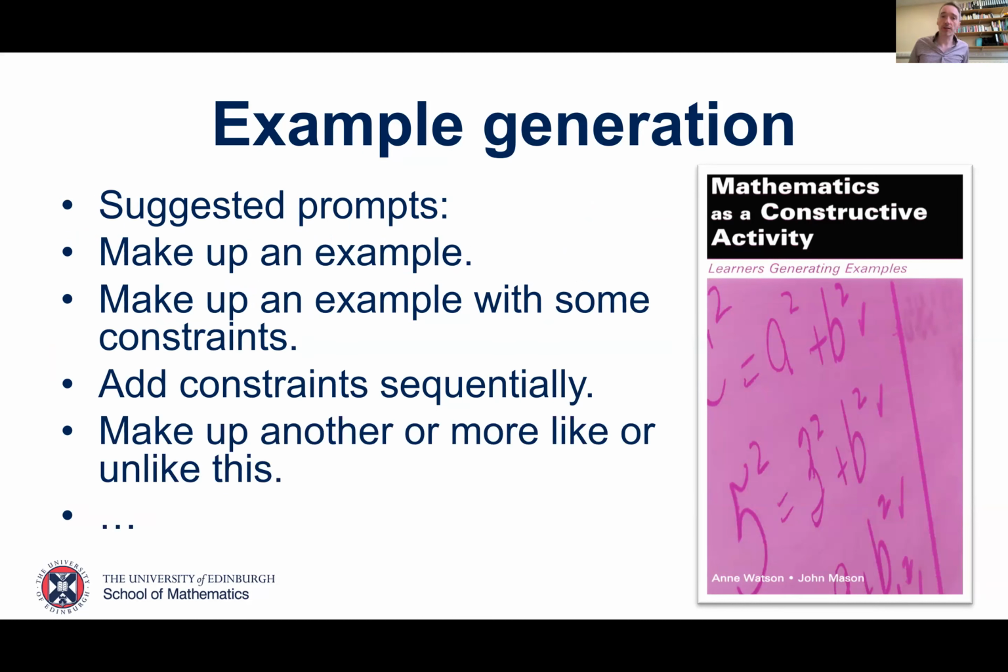So you keep adding constraints or asking students to come up with another example or one that's different in some way, with the aim of trying to enrich the students' space of examples that they're familiar with. So moving beyond the obvious familiar ones, maybe pushing them into recognizing new things as examples that they may not have considered.